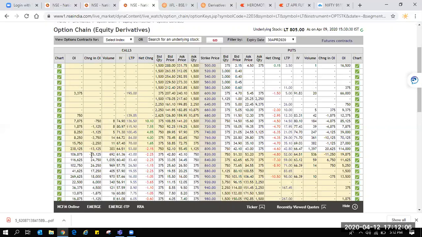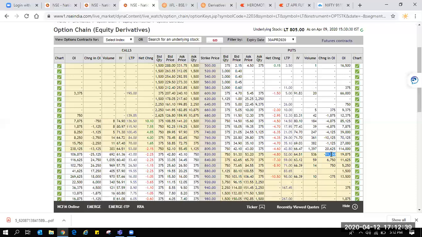So say for example 820 is crossed by tomorrow, there will be unwinding in the calls. If this unwinding is 10% of the OI, and similarly for 820 there is an addition on the put side instead of unwinding, then definitely your stock will go up.